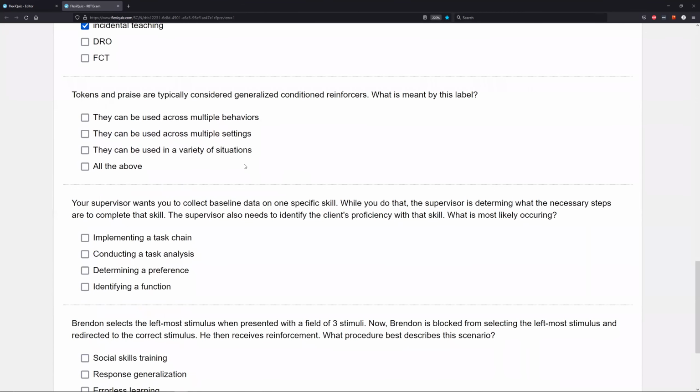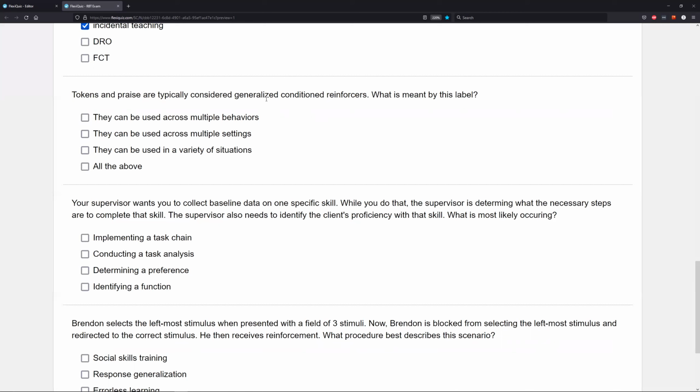Tokens and praise are typically considered generalized conditioned reinforcers. What is meant by this label? Okay, so what is a generalized conditioned reinforcer? If we just look at the term, a conditioned reinforcer is obviously something with learning history. Tokens and praise needed to be learned to be established as reinforcers. Generalized means it can occur across multiple what?